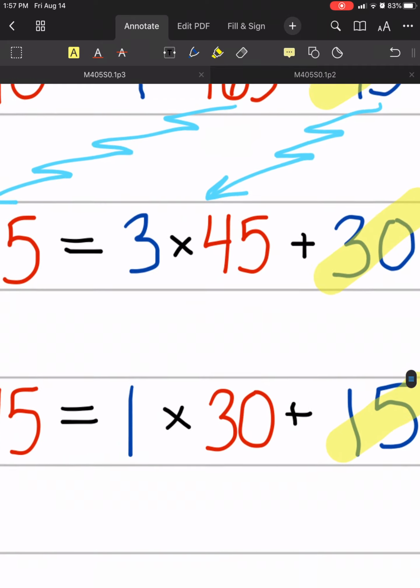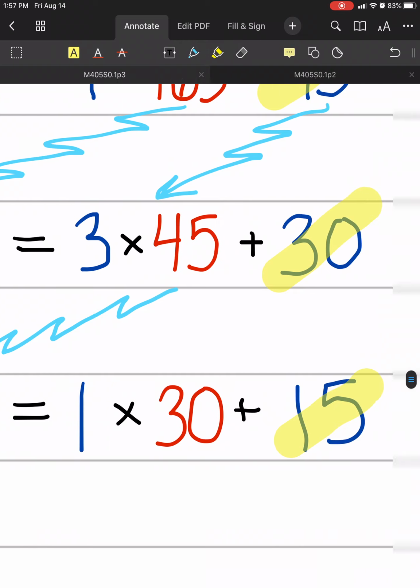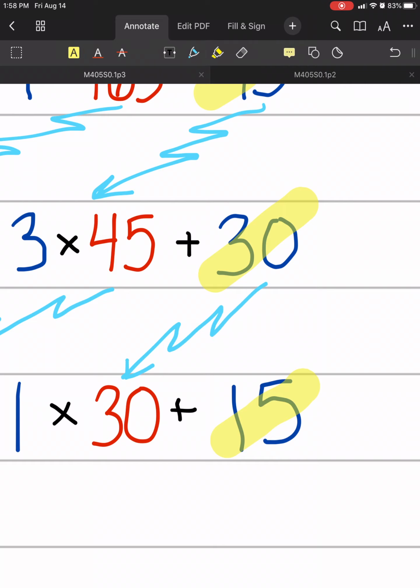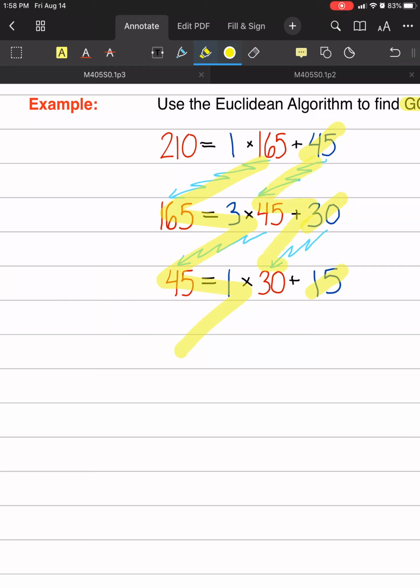Oh, let me actually put in these lines again. Here we go. So this one goes like that. This one goes like that. And you'll notice if you look at these lines together, you're getting this sort of lightning bolt shape.